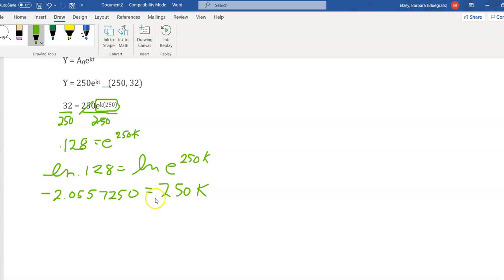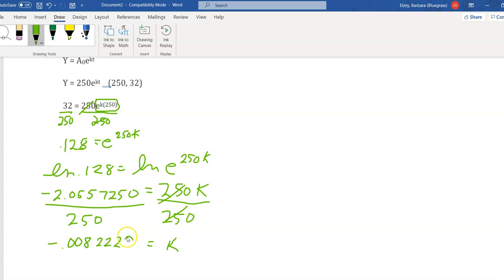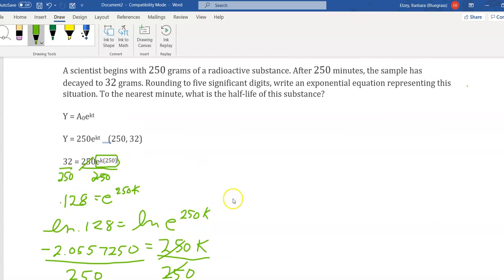And then our last step, let's divide by 250 to get k by itself, and we will know what our k is. K is equal to, I'll go ahead and round it to 5 decimal places now, so negative 0.0082229. Now, let's take our k. We're going to go back to the original equation that I had started to set up right here.